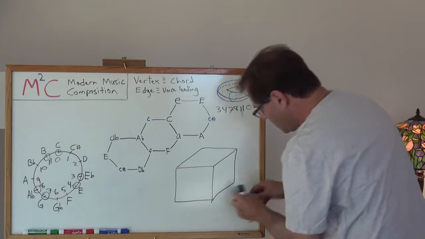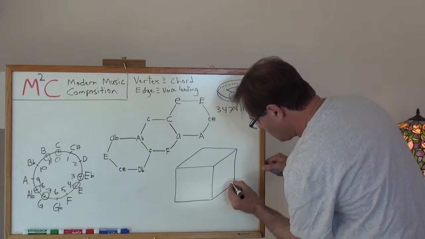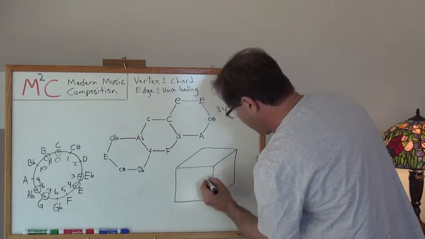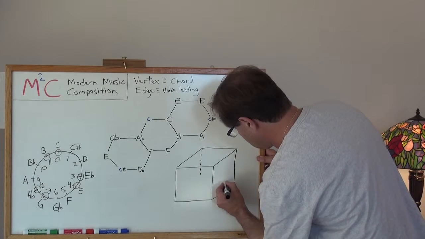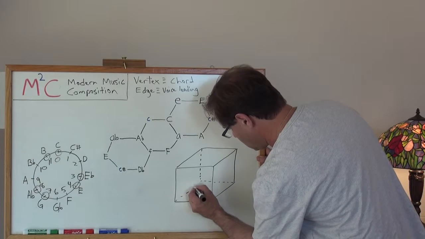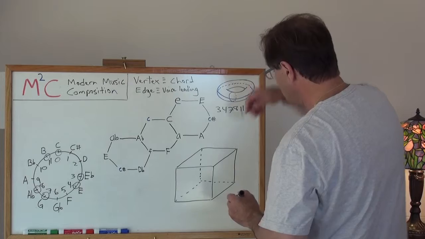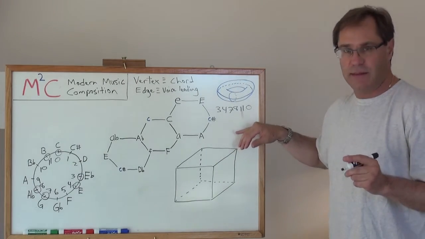There we go. Now I'm going to do the back side in dashes, just like an architect would do. Okay, there's our cube.